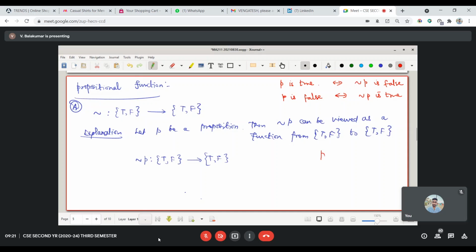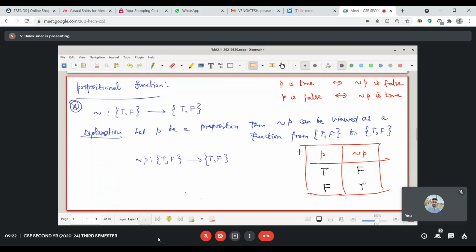Suppose I have P and negation P. Suppose this is true, then this is false. If this is false, then this is true. That's what I have written there already in red color.